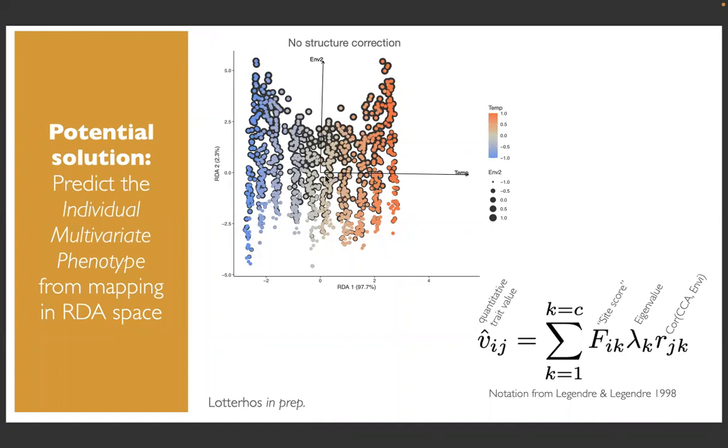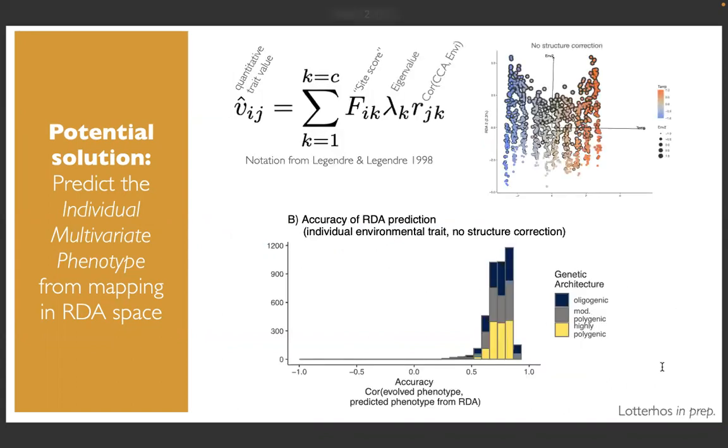So if I back calculate the temperature phenotype and environment phenotype from these individuals, according to this equation, I find that RDA is very good at predicting across a wide variety of scenarios and all the architectures that I simulated the individual trait. And that was without a structure correction in the RDA.